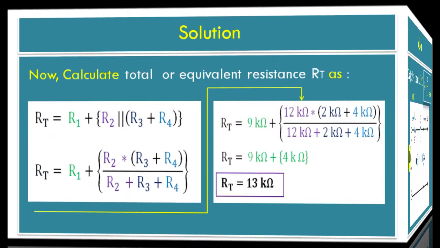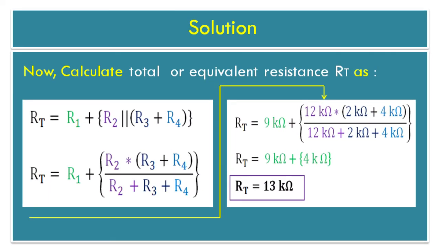Now calculate total resistance: total resistance is equal to R3 plus R4 parallel with R2 plus R1. Now simplify the equation and substitute resistance R1 equal to 9 kilo ohm, R2 equal to 12 kilo ohm, R3 equal to 2 kilo ohm and R4 equal to 4 kilo ohm into the simplified equation.